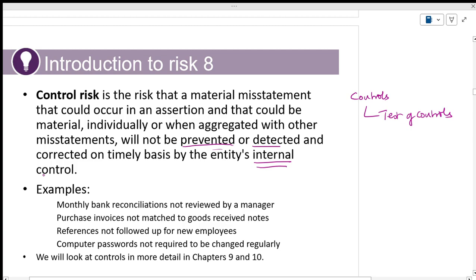They will ask you the difference between controls, defined controls, and tests of controls. Controls will be implemented by the internal auditor. Tests of controls will be done by the external auditor.